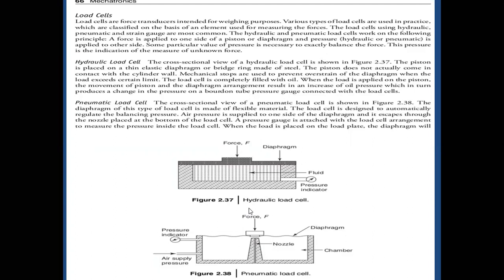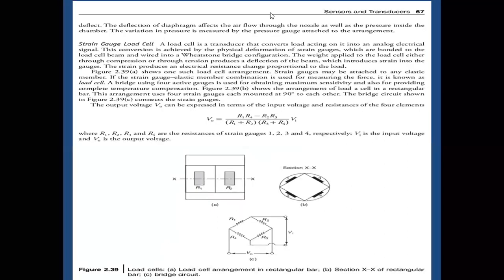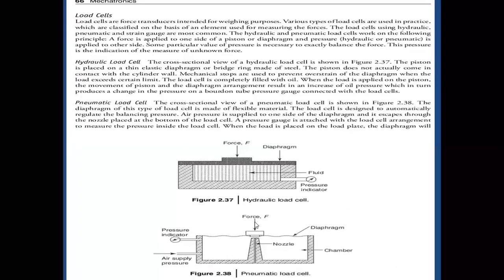Because the force is acting upon the diaphragm, some air is released through the nozzle. Due to the release through the nozzle, we observe a difference in pressure. Through this, whatever force is applied, we can measure.